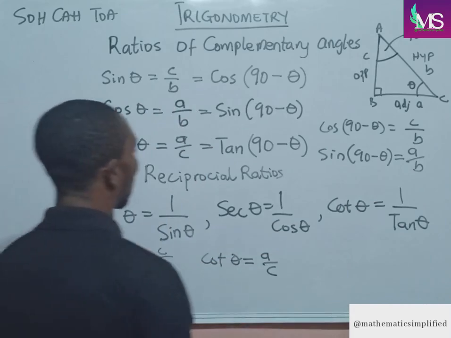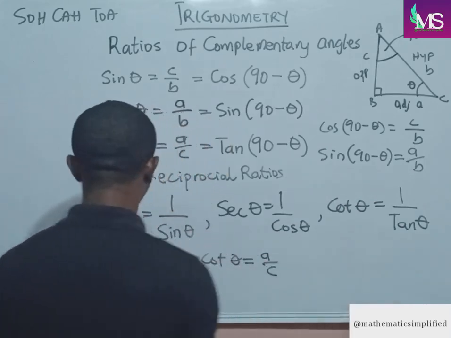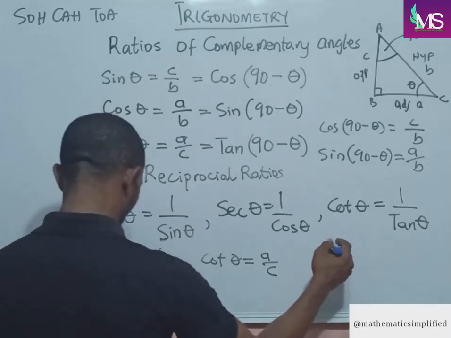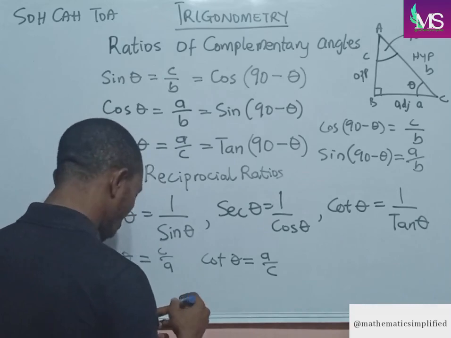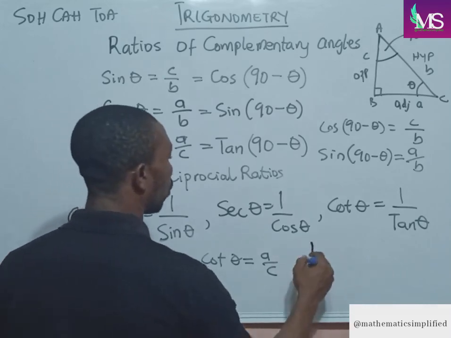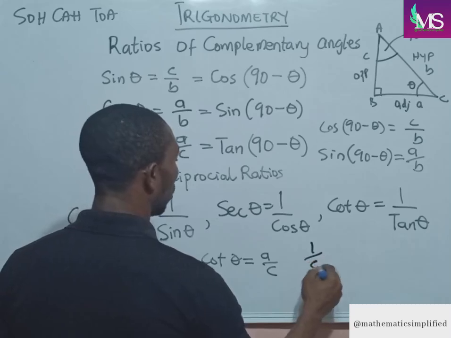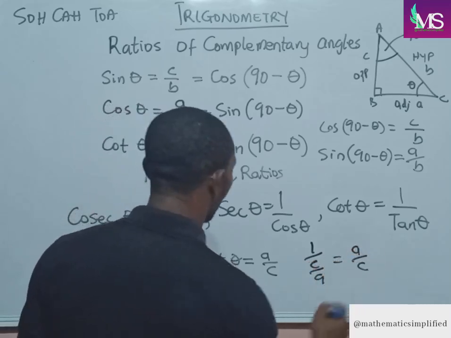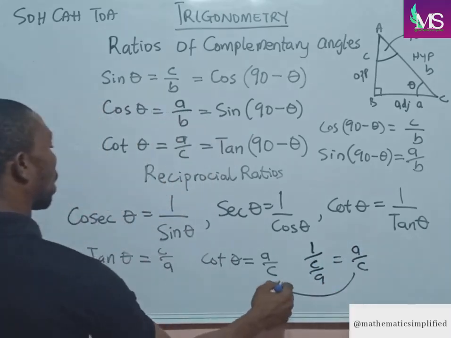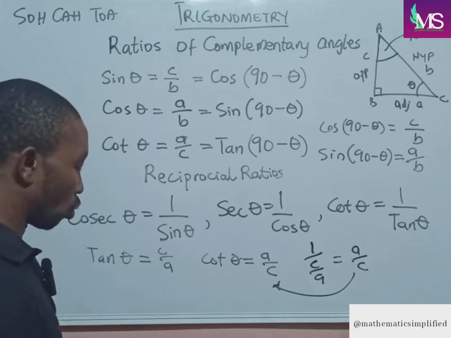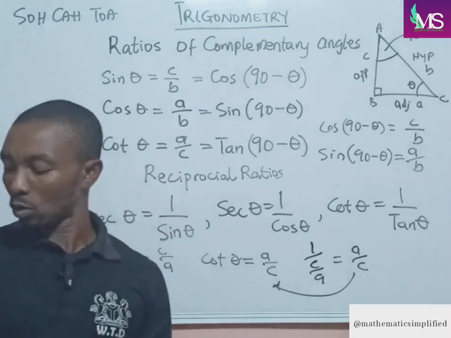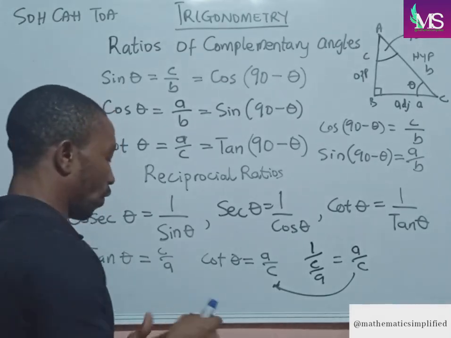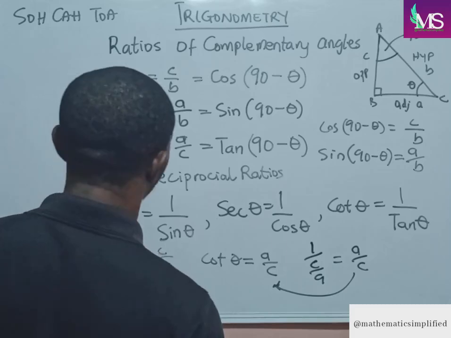Remember that our tan theta, like we said, is C over A. So if we have 1 over C over A, that will give us A over C, which is the same thing as our cot theta. So 1 over tan theta will give us our cot theta.